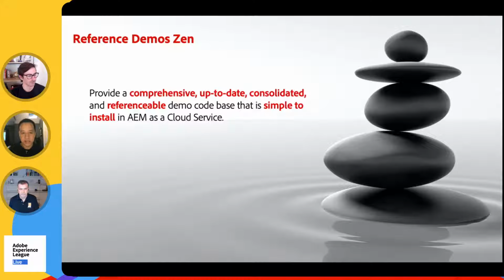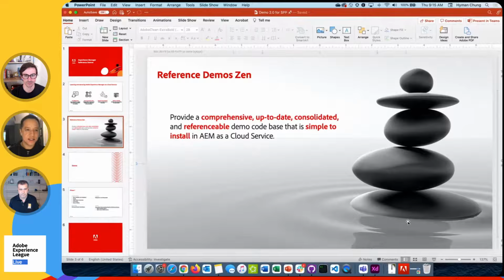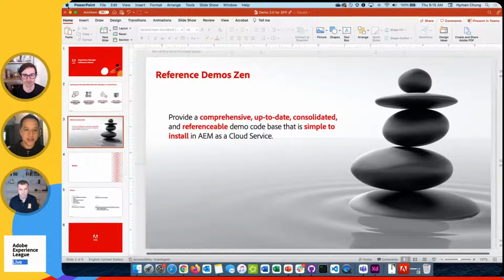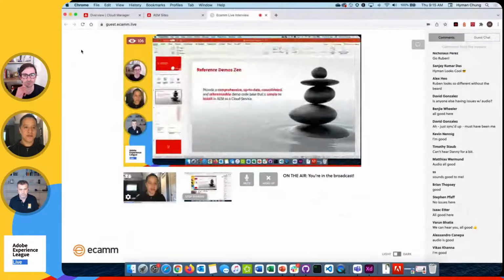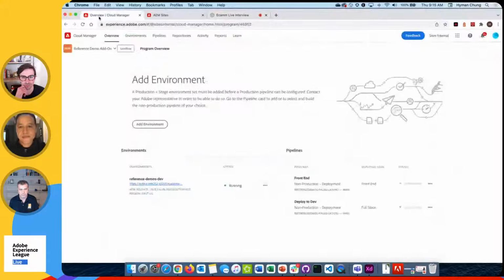And of course, simple to install, so not requiring any technical expertise to install into your cloud service environment, right? So that's how we're thinking about reference demos and how we've constructed this framework, and how we intend to continue to build on it over time, right? So with that, let's actually get into it and see what reference demos looks like.